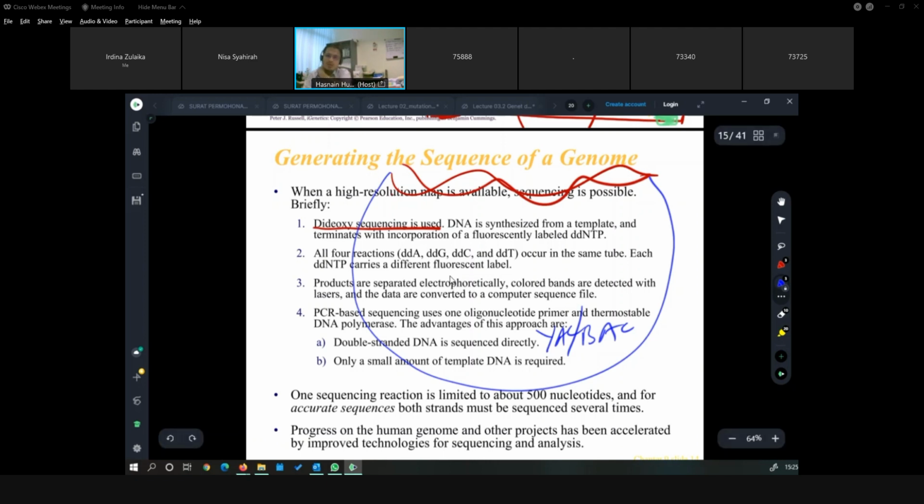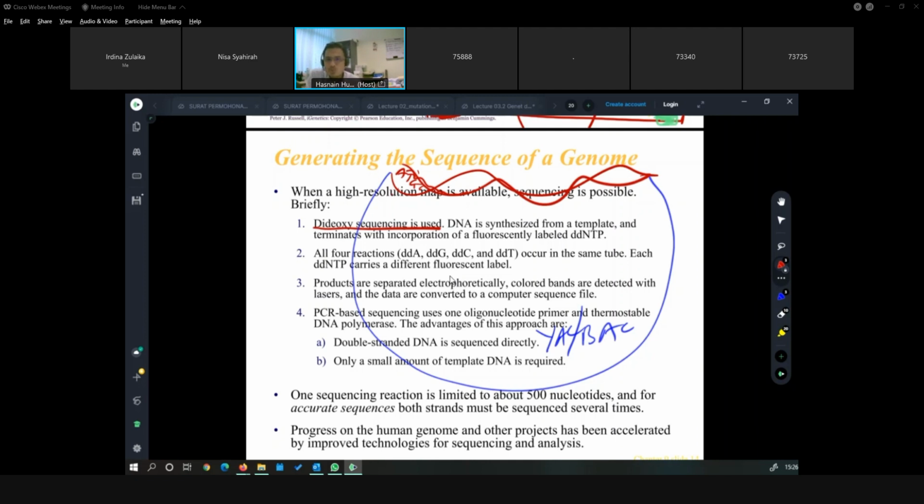When you want to do sequencing, you want to determine the nucleotide letters, the ATGC sequence of this strand. It is a double helix, but you only need to determine one side, because from one side you are able to determine the other, complementary strand, right?